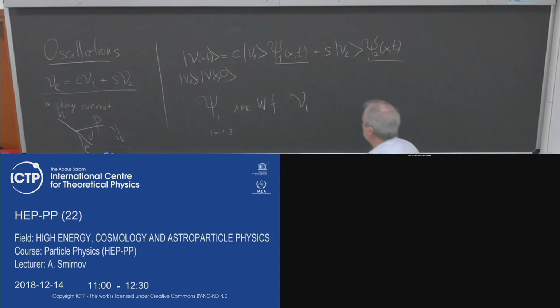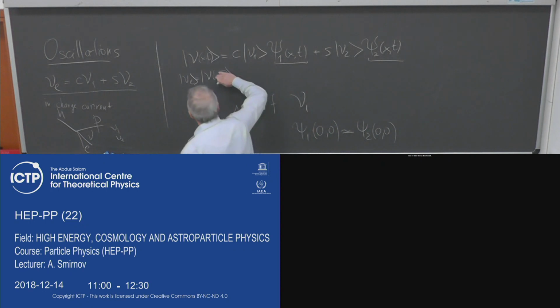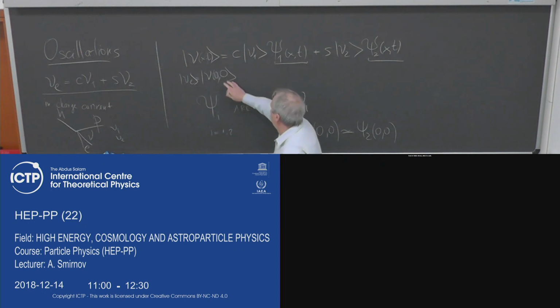In most of the cases, psi1 in the initial moment is very close to psi2 in the initial moment. Well, I can put it still 0. Suppose it's produced in the origin.